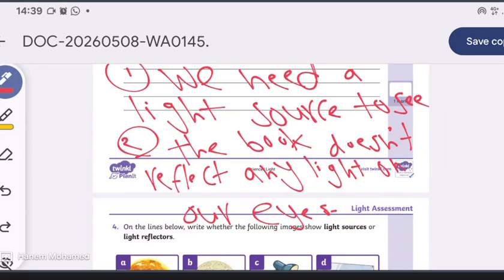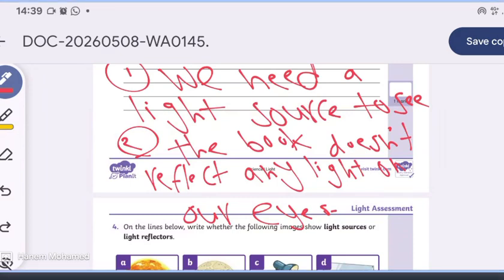We can make it as number bullets, or we can make it as one sentence, like a complex sentence: when the book doesn't reflect any light on our eyes. So you can make it like numbers, or you can make it like a complex sentence.